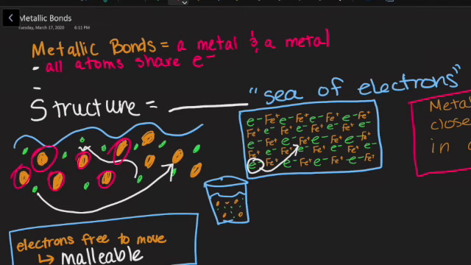The electrons, and remember the e- is just an abbreviation for electron, are not bound to one atom. And so when you have all these irons, I went with iron here to show you irons with electrons, that creates a lattice. That's the structure name, a lattice.